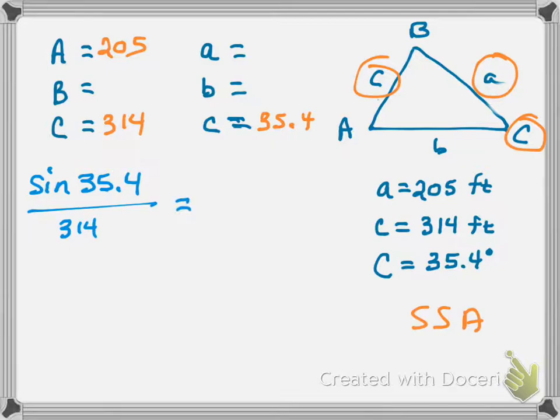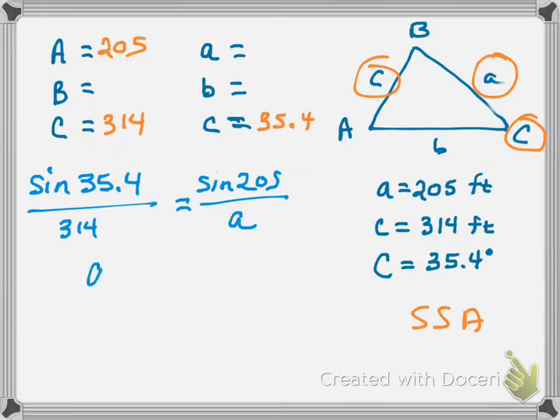And I know angle A, so I'm going to use that one: sine of 205 over little a. I want to take this times this and divide by this.